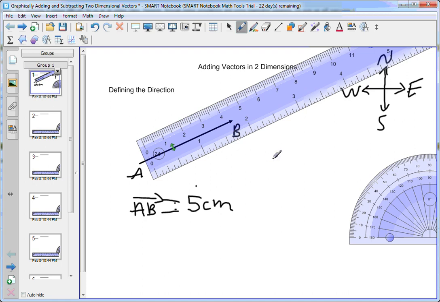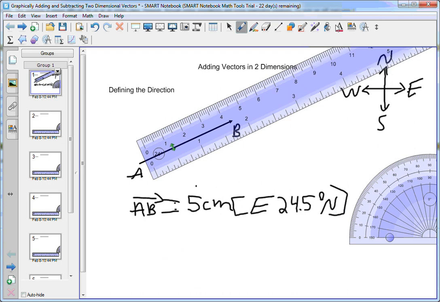Because straight across would be east. And then we went 24.5 degrees north. So that would be written as, again, directions in square brackets, east 24.5 degrees north.